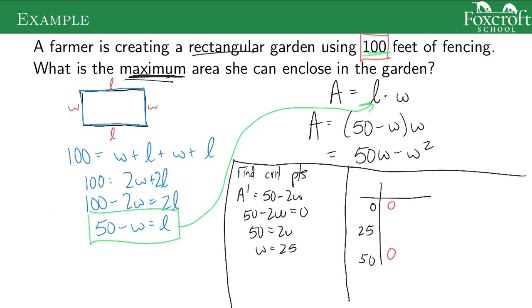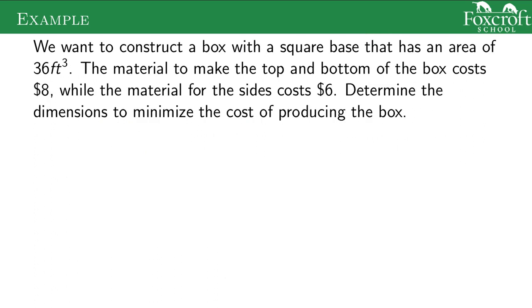If I plug in 25, I get 625. So my maximum area I can enclose is 625 feet squared. You can see the process: you just have to create your own formula, but after that it's the same stuff we've done with finding absolute maxes and mins.